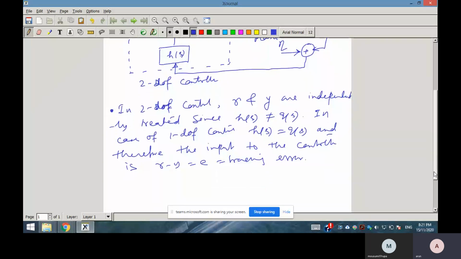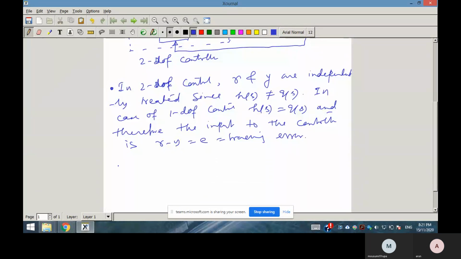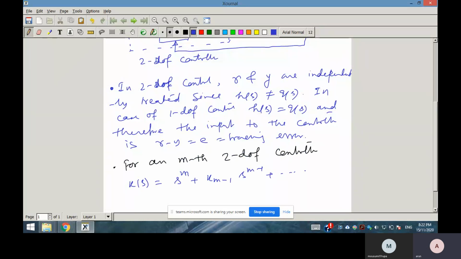So now for an mth order 2DOF controller, what is K(s)? K(s) is a polynomial of mth order: s to the power m plus k_{m-1} s to the power m-1, plus up to k1 s plus k0.